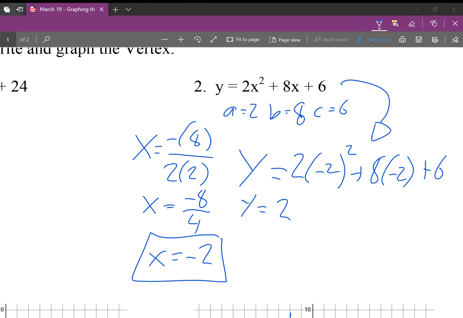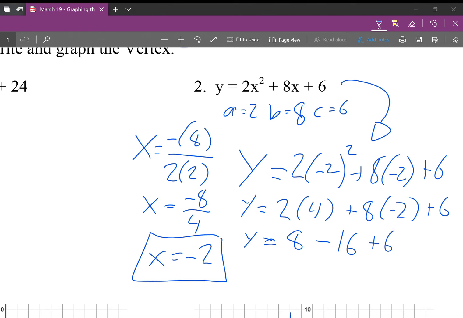Negative 2 squared becomes positive 4. And I'll leave this multiplication 8 times negative 2 for later. Well, later as in now, we're ready to multiply in the next step. 2 times 4 is 8. 8 times negative 2 is negative 16, and the positive 6 comes down.